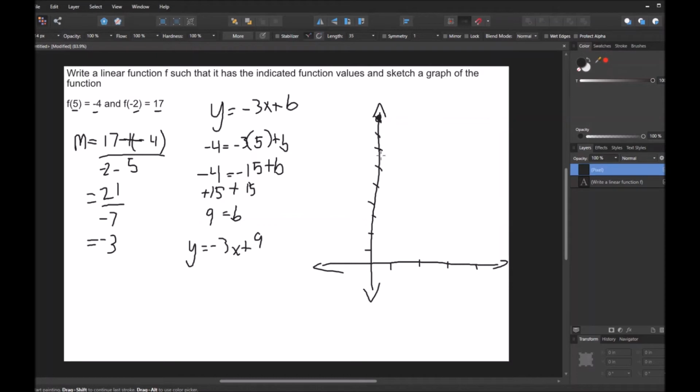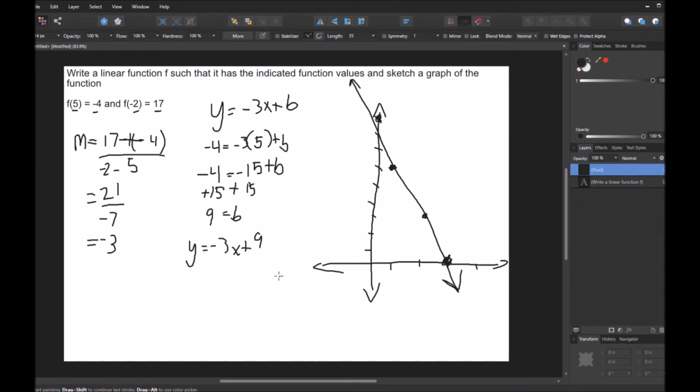And then I'm going to go down 3 over 1, down 3 over 1, and then 1, 2, down 3 over 1. My graph is going to look like this. So that's how you do that one.